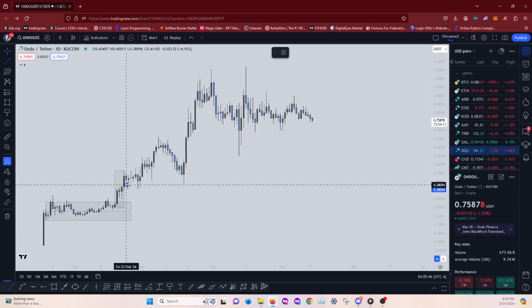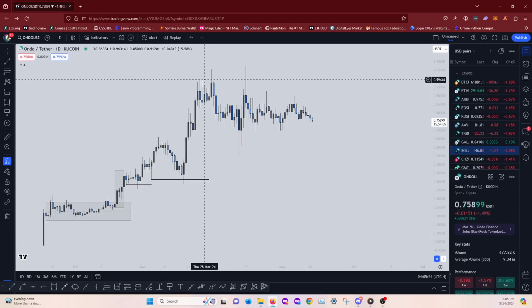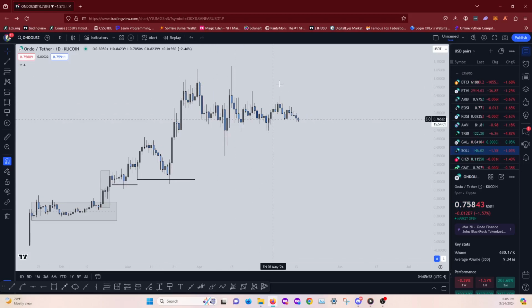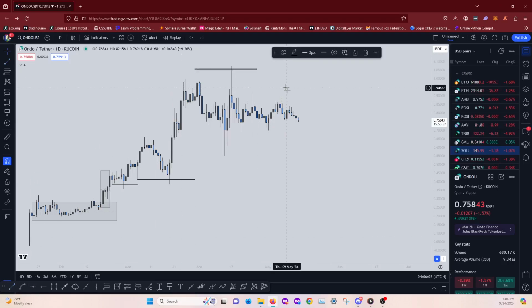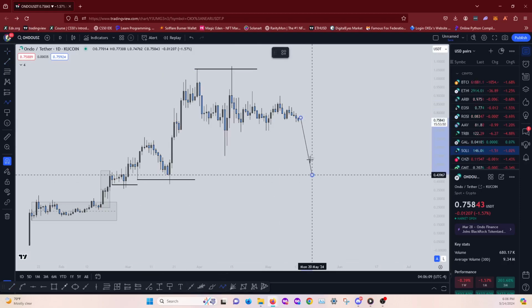You've got the sell side sweep, move to the upside. Sell side sweep, move to the upside. And now we have a larger consolidation move. We sweep buy side, and we could be starting a sell model now. So we could see something like this.